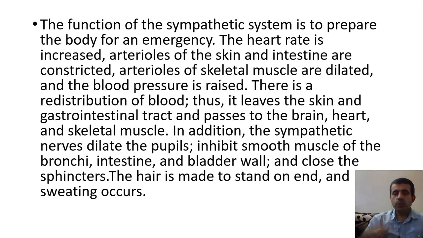So you need more oxygen, you need more respiration. Okay, and in order to prevent defecation and urination during the emergency, the bladder wall and intestine wall will be inhibited, and the sphincters will be closed. Okay, the hair is made to stand on end and sweating occurs.